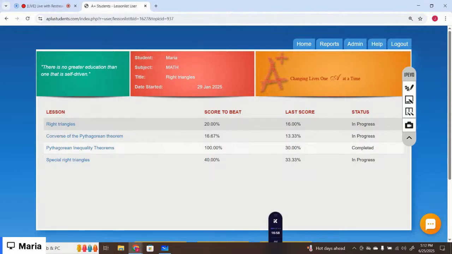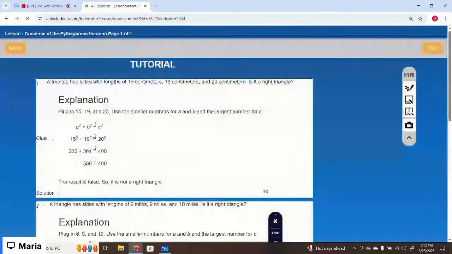The next lesson is the converse of the Pythagorean theorem. So let's just start with the lesson.